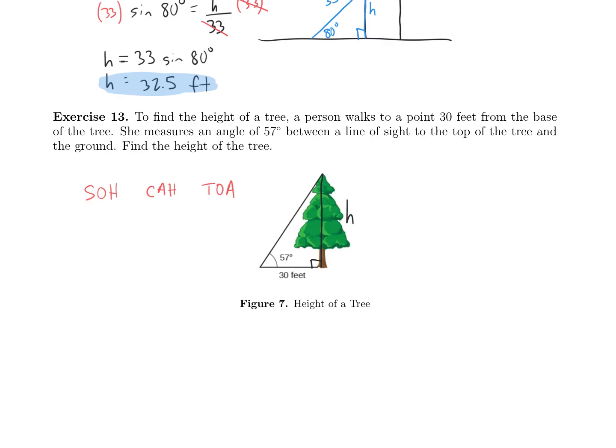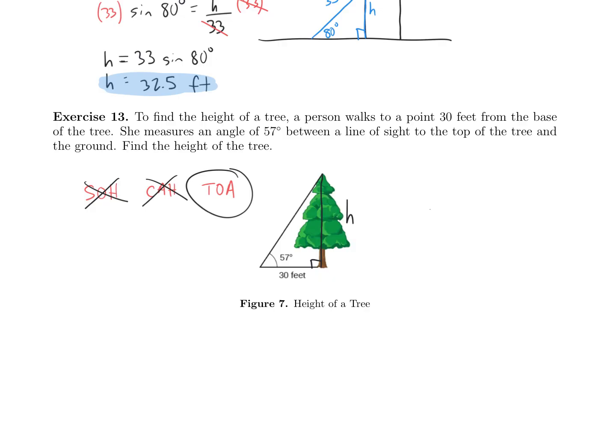So there's no hypotenuse. So you don't want this one, and you don't want this one, so we're going to use tangent, because tangent involves the opposite and the adjacent side. TOA, opposite, adjacent.